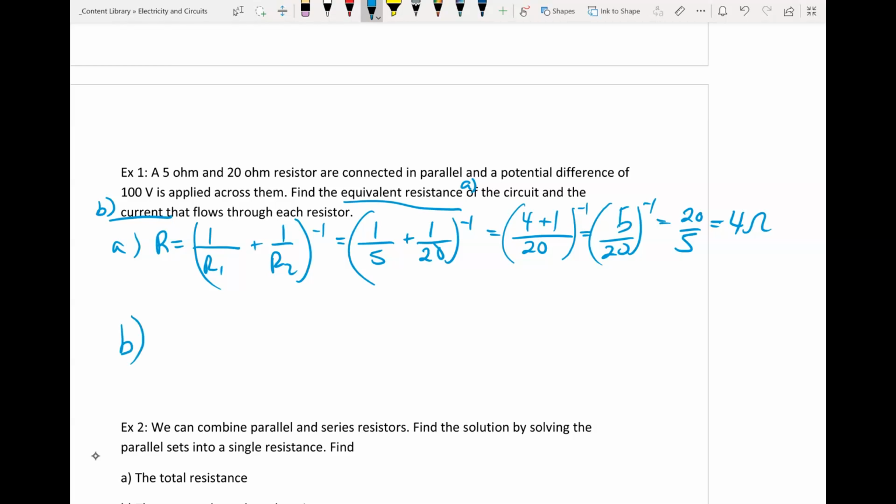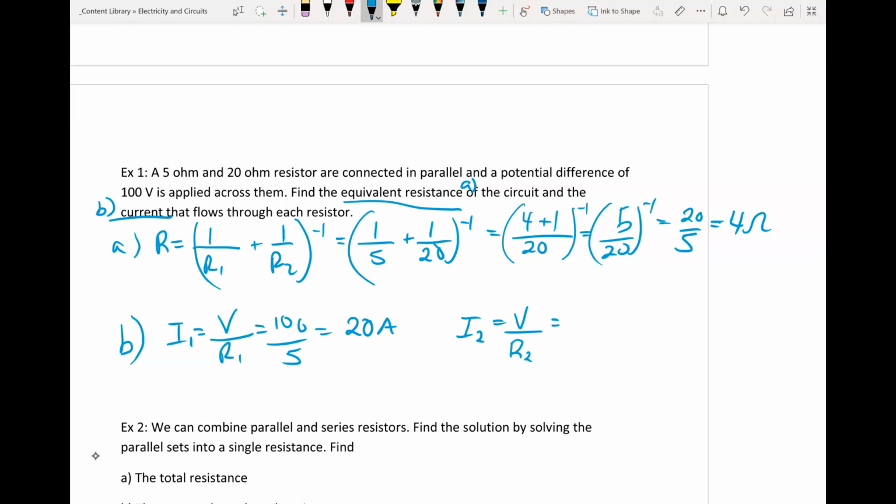The next thing we're going to do is find the current that flows through each resistor. So I'm looking for current number 1 and also current number 2. Current number 1 is calculated as the potential difference over the first resistor, and the second current is the potential difference divided by the second resistor. So this is going to be 100 over 5 ohms, which is 20 amps.